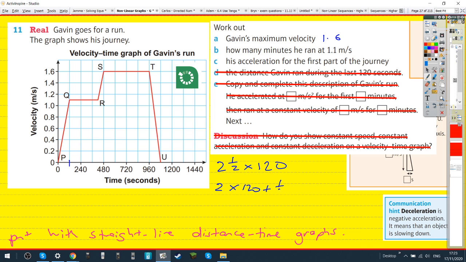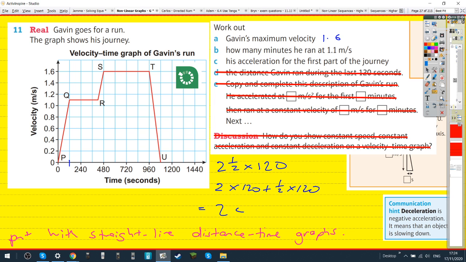So 2.5 times 120. Is it just 120? So 120 is one square. 2 squares? 240?